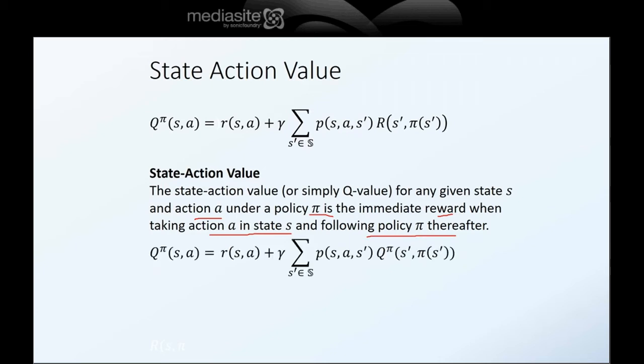So this is the Bellman's equation for state action value or Q value. Q pi(S, A) is equal to R(S, A) plus gamma, the discount, times the expected value, so summation of P(S, A, S prime) for all values of S prime, Q pi(S prime, pi(S prime)).